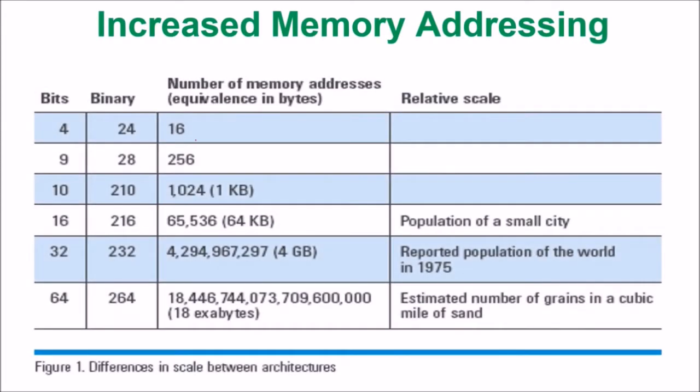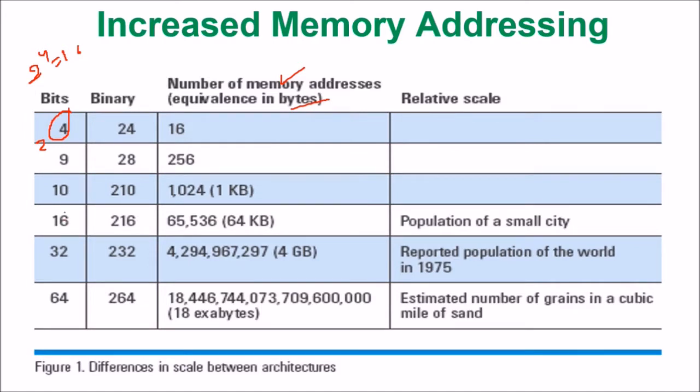Now, increased memory addressing. These are the differences in scale between the architectures. For the bits, starting with 4-bit, you can take the power of 2. 2 to the power 4 is 16, and likewise for all these. For 4 bits, these are the number of memory addresses, equivalent in bytes, and these are the scales.